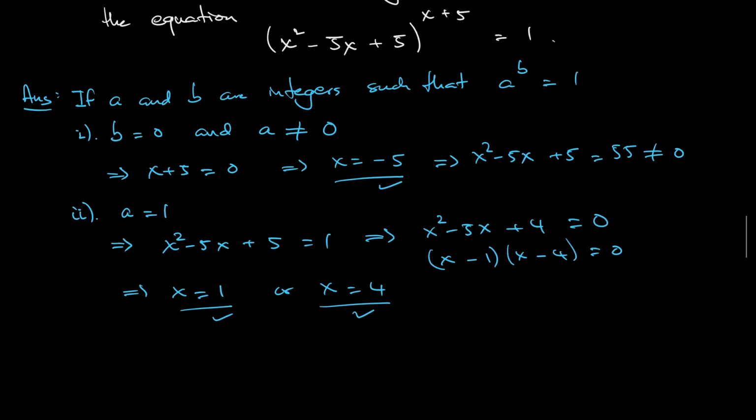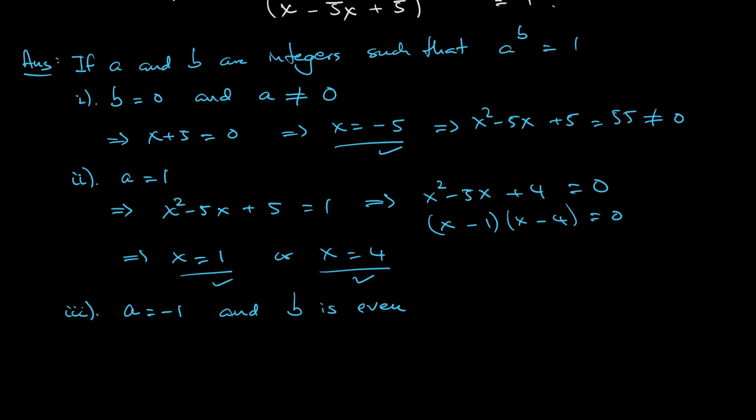The last case, the third case, what else? Most of the students will forget this case. The base can be negative 1 as long as the power is even. Negative 1 raised to an even power will still give you the result of 1.